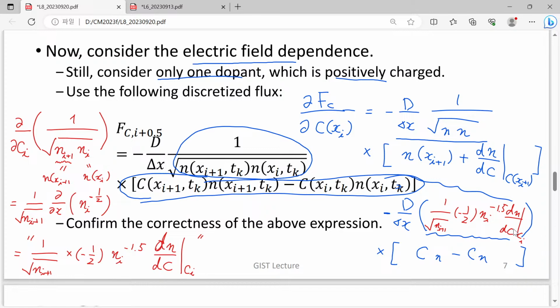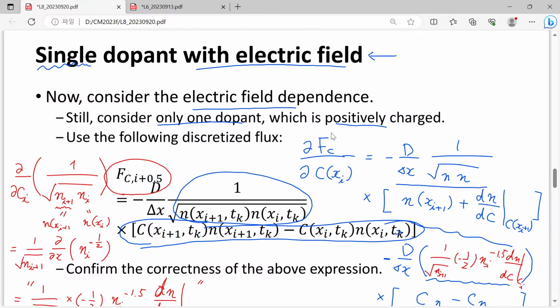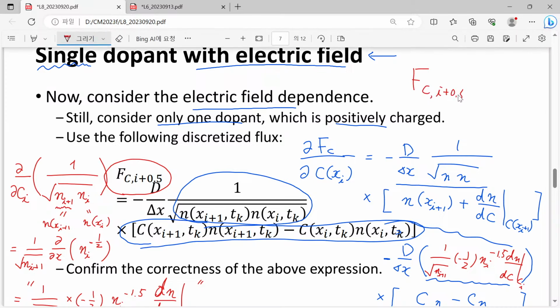Please note that this is just a flux, and your diffusion equation itself also has the term F at c i plus half minus F at c i minus half.